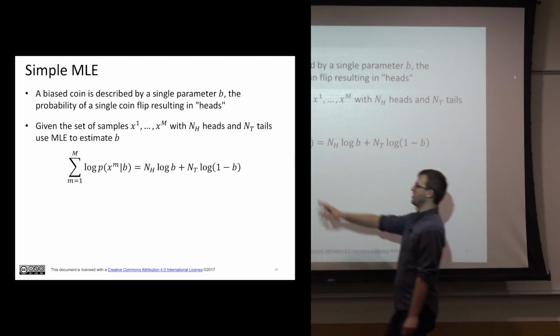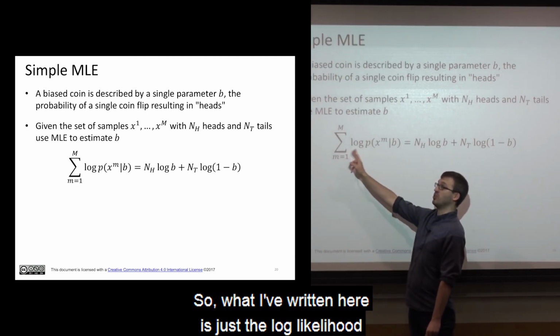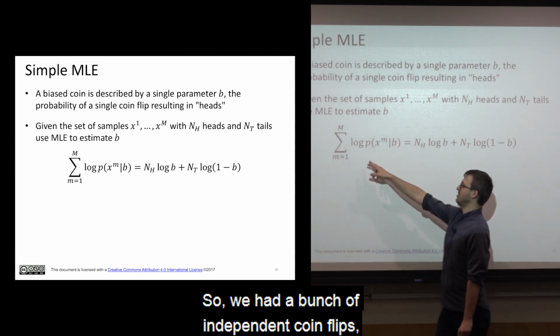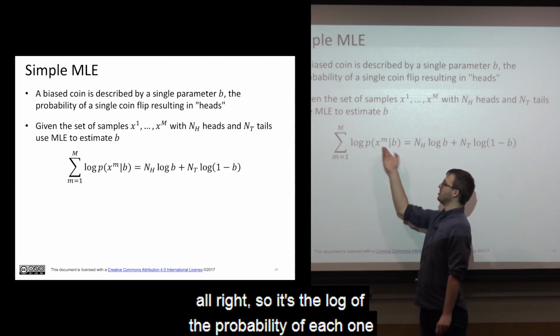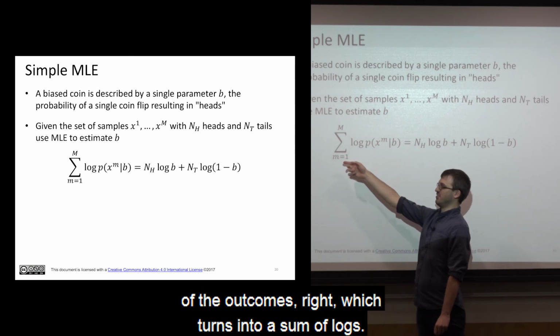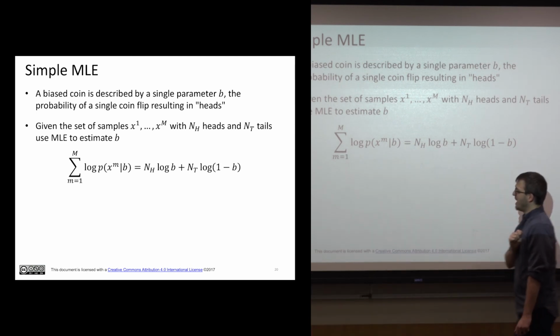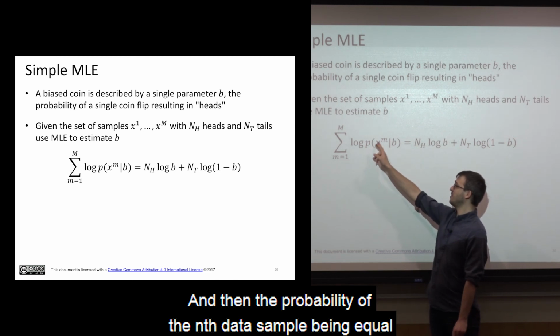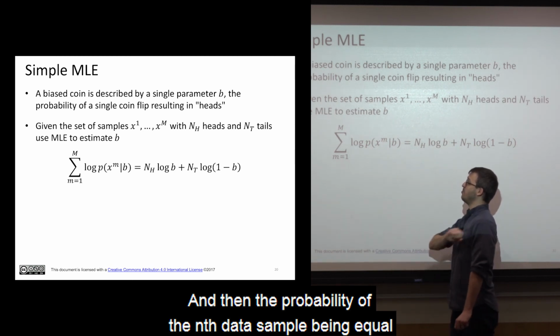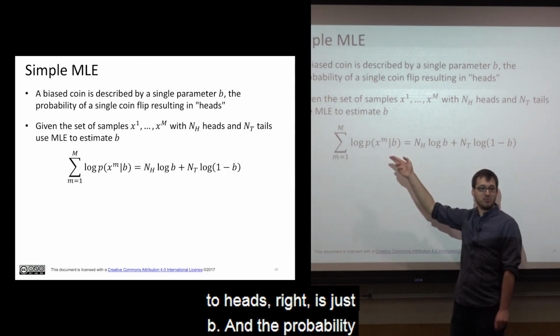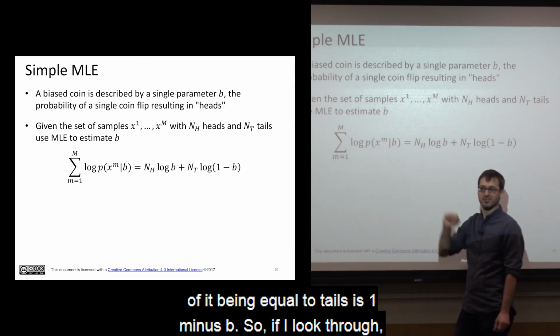So what I've written here is just the log likelihood of the data. We had a bunch of independent coin flips, so it's the log of the probability of each one of the outcomes, which turns into a sum of logs. The probability of the nth data sample being equal to heads is just b, and the probability of it being equal to tails is 1 minus b.